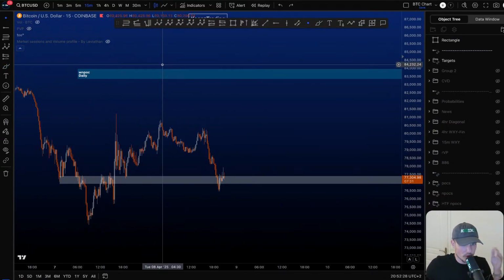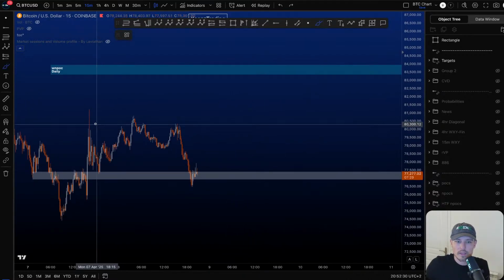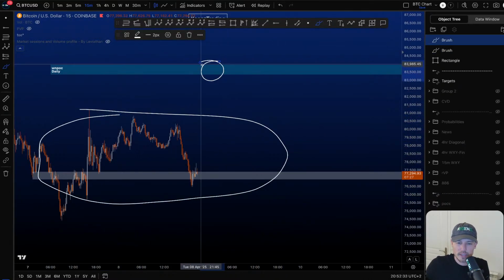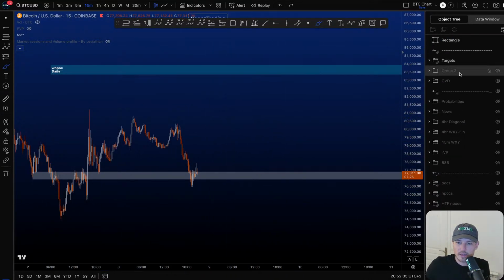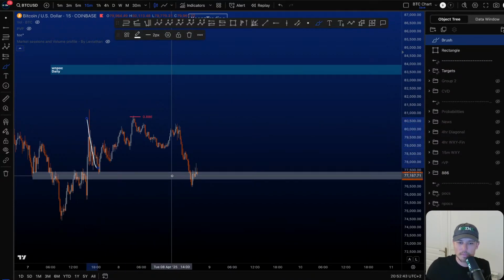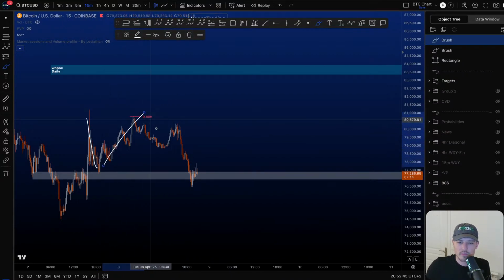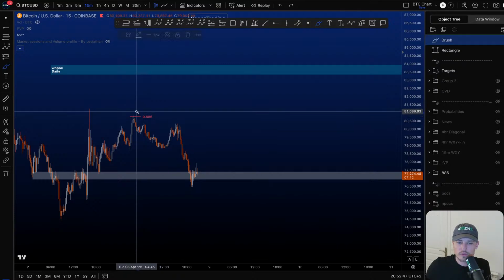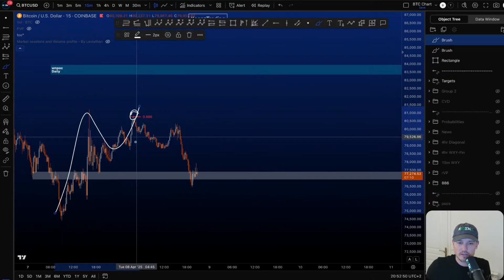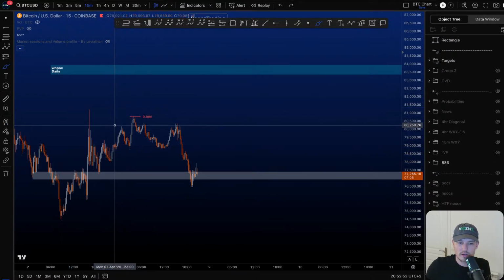What I would prefer to see is a bigger range and possibly 83K. Those were the probabilities mentioned in the morning update, where price touched the 886 here, so probabilities are low. This is a wave 1, and this is a wave 2. I also struggle to end a correction here. I can't count a WXY because we didn't take the low.